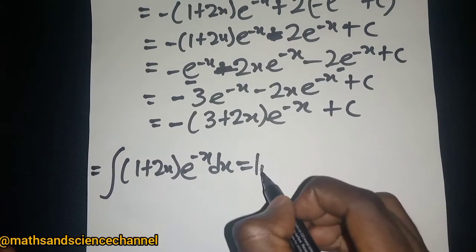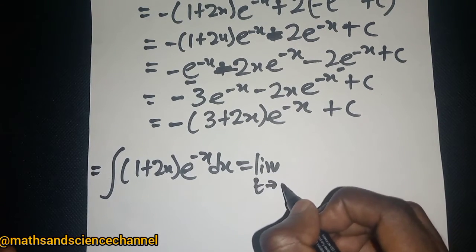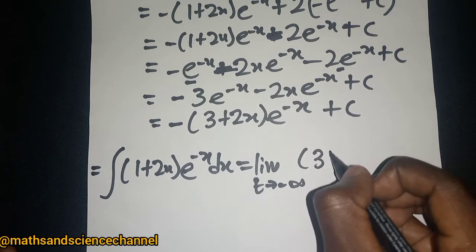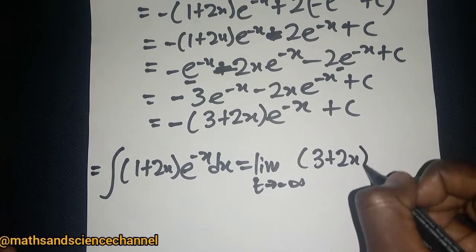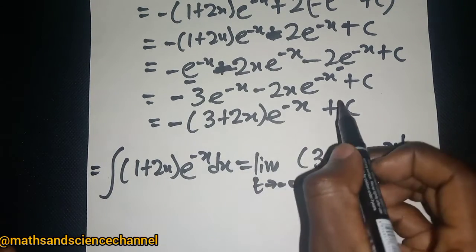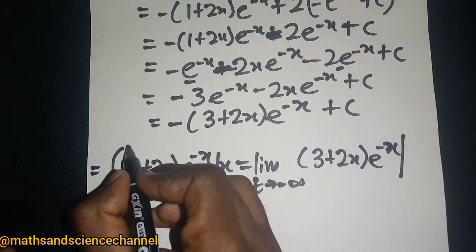Now we add the limit: the limit as t approaches negative infinity, of negative (3 plus 2x) e to the negative x evaluated from t to 0, to get rid of the constant.